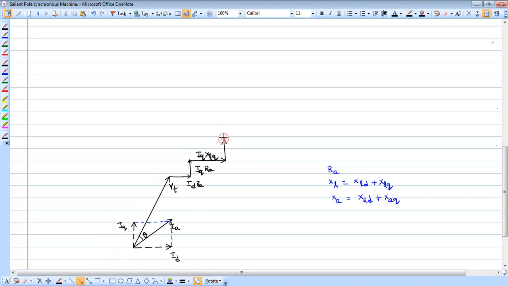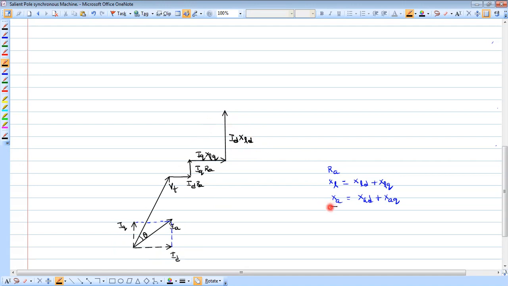Similarly, this will be Id Xld. This Id Xld is a reactance drop. That's why, see, it leads Id by 90 degrees, reactance drop. Okay. The sum of these two is Ia into Xl.